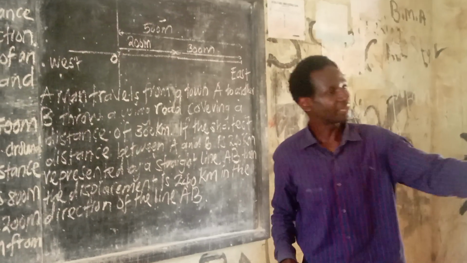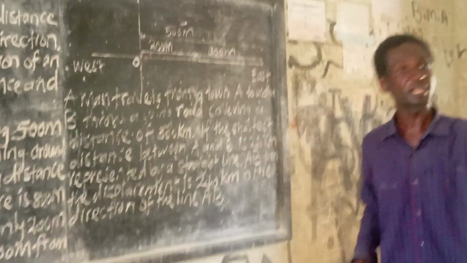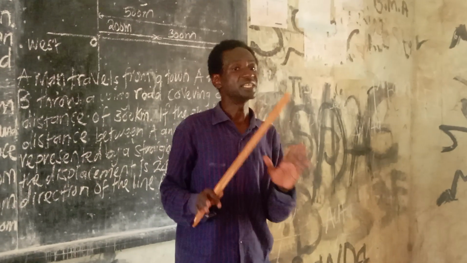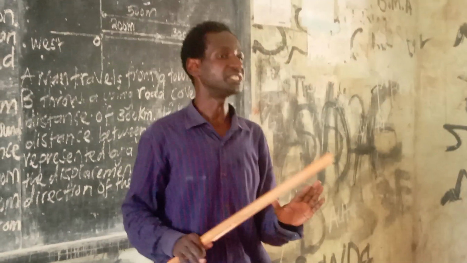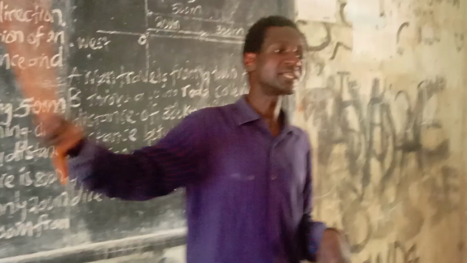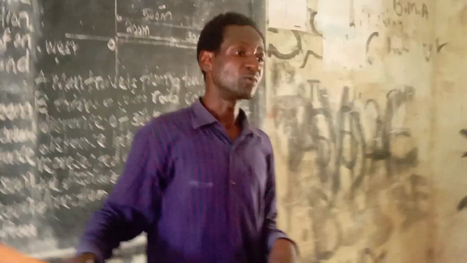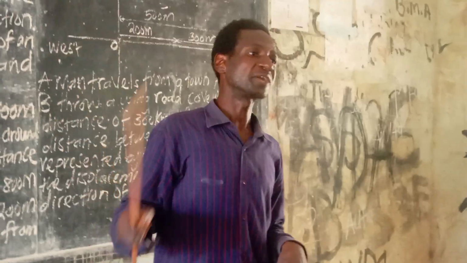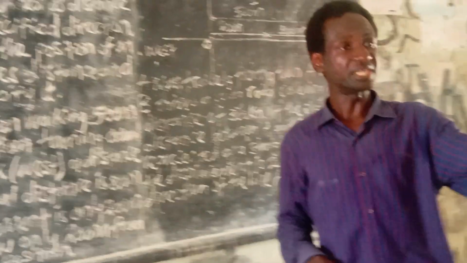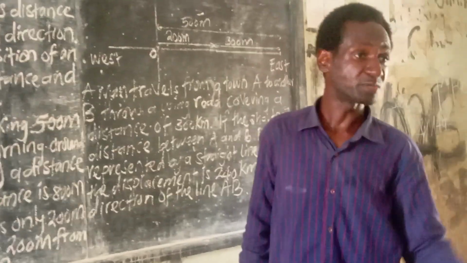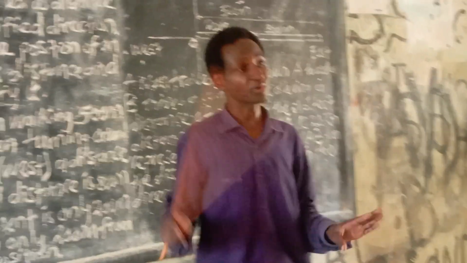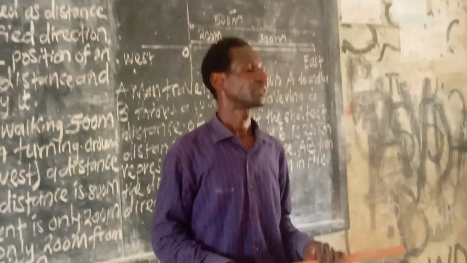The straight line from town A to town B is 240 kilometers, so the displacement is 240 kilometers.